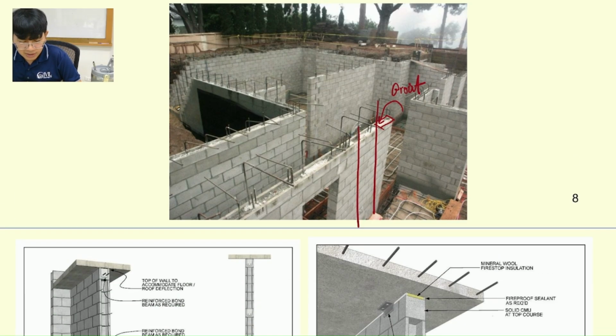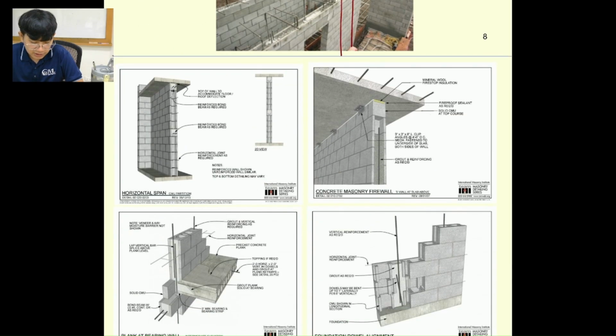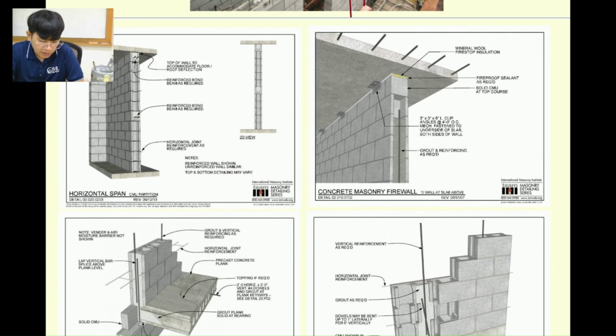But this one is not really famous to construct, because it requires a lot of good typical drawings. For example, like this, you need to specify a really specific location of the beam, the reinforcement bond beam, as well as the connection like this.